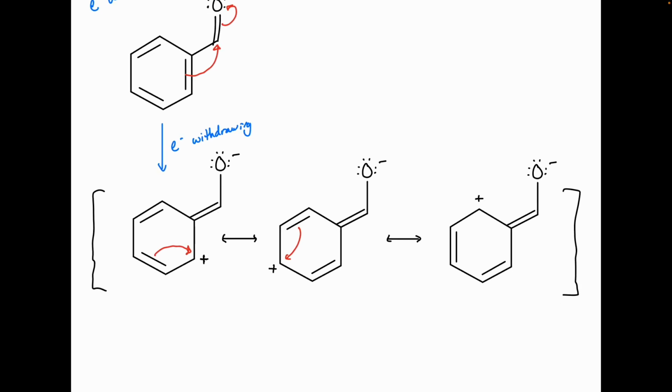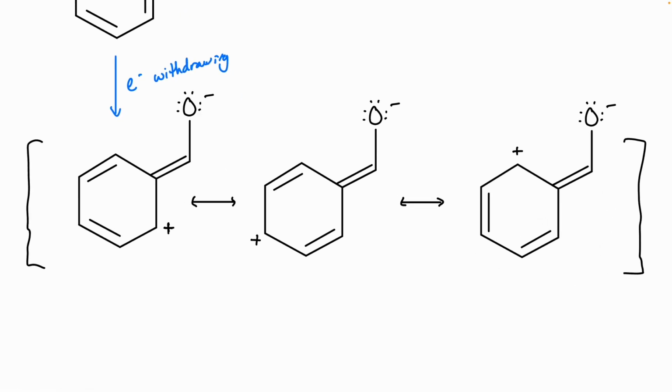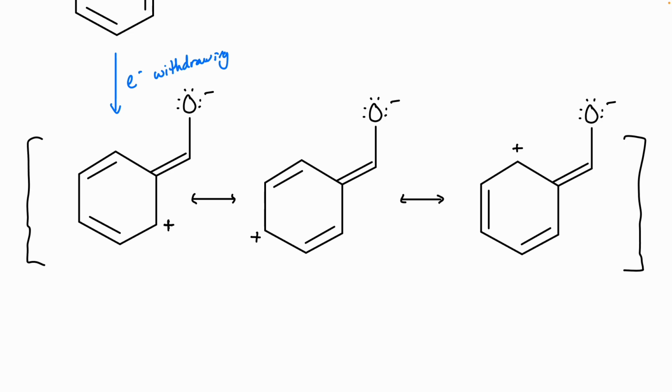All right, and again, what we want to notice is the charge that we have being passed around this ring here. Again, we are hitting specifically which positions with that positive charge? So here's ortho, here's para, here's my other ortho position.